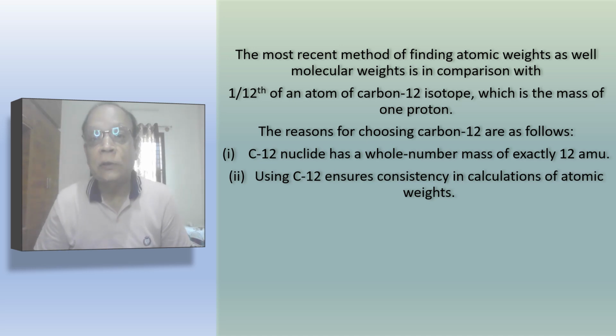The most recent method of finding atomic weights as well as molecular weights is in comparison with 1/12 of an atom of the carbon-12 isotope, which is roughly the mass of one proton. There are neutrons also, and we consider that the mass of a proton and a neutron are almost equal, if not exactly equal, and can be substituted for either.